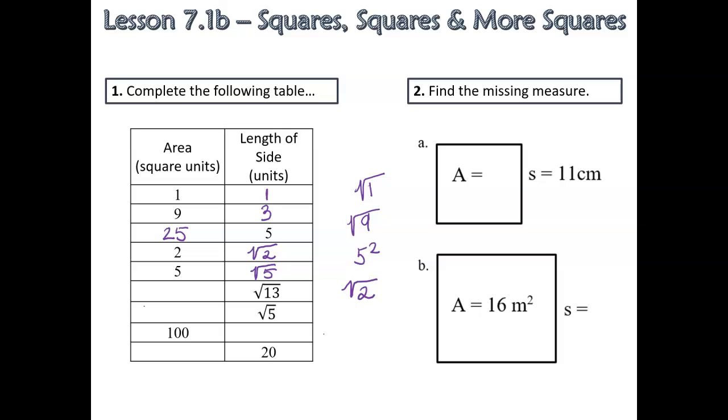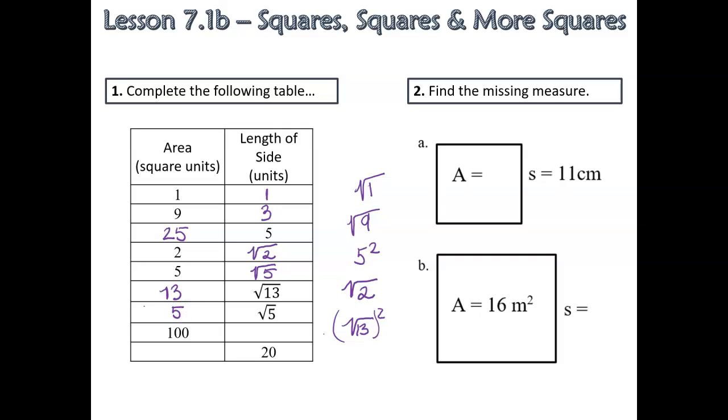If you have a side length of the square root of 13 and you square it, if you square a square root, then you just get rid of the square root symbol. So the area is 13. Same here, the square root of 5, the area is 5.